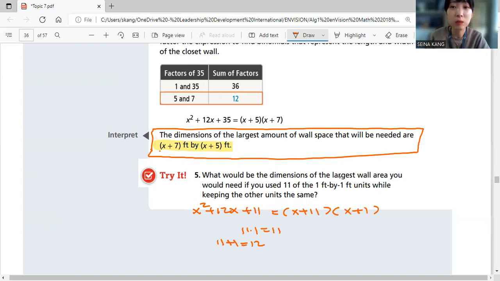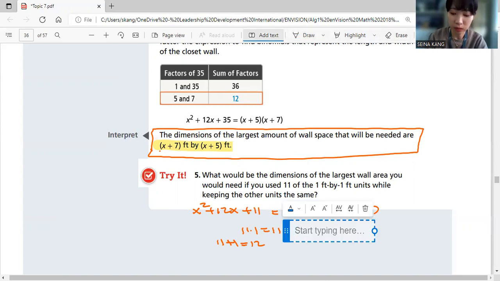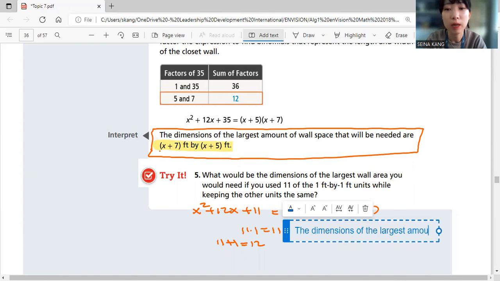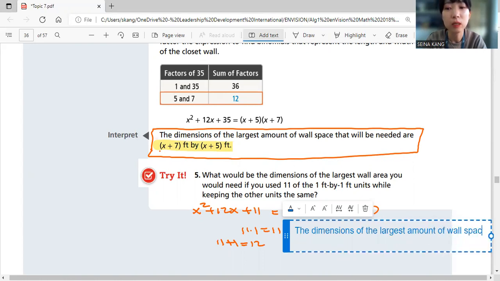So what does that mean in your situation? You're not done until you write the final answer down in the sentence. The dimensions of the largest amount of wall space that will be needed are x plus 1 feet by x plus 11 feet.